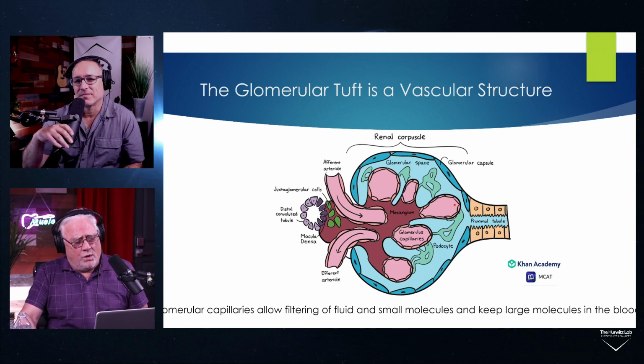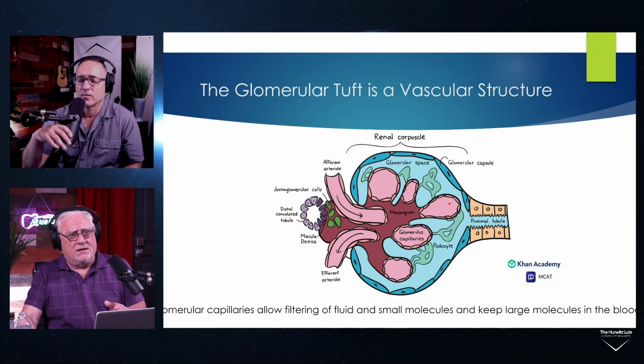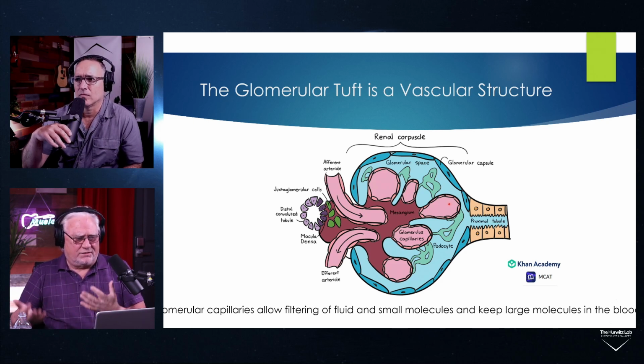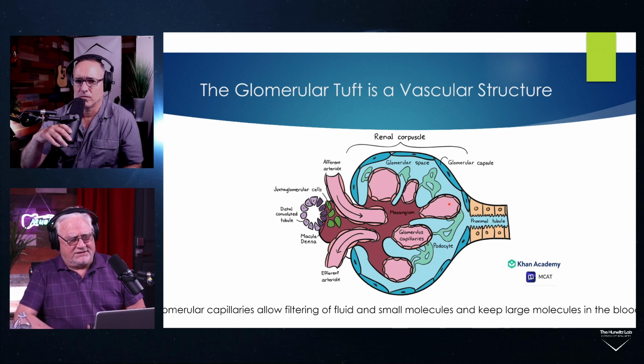And one of the things that the glomerular capillary does is it keeps big solute in the blood and just allows very small solute, things like electrolytes and creatinine and urea, out.